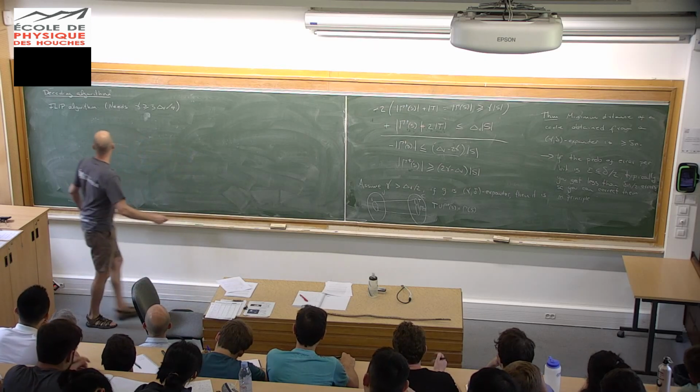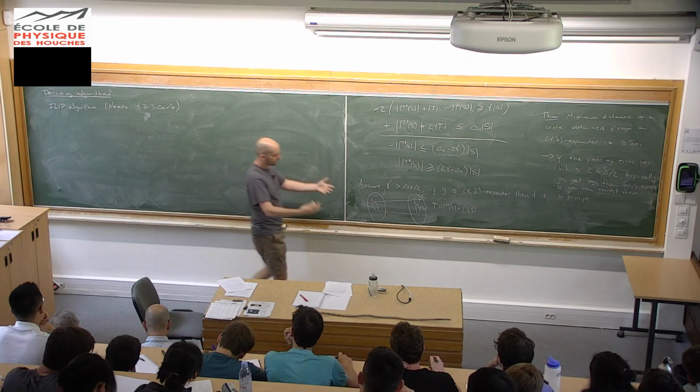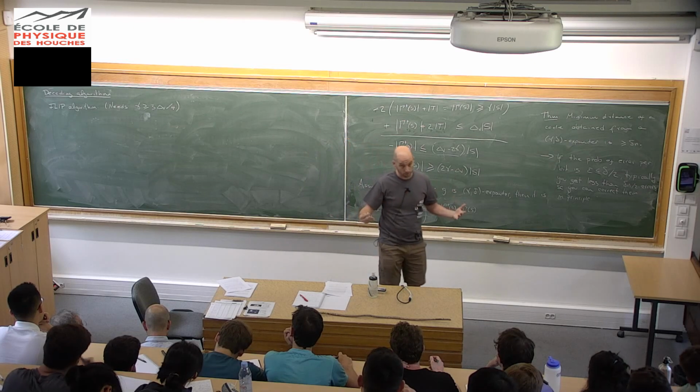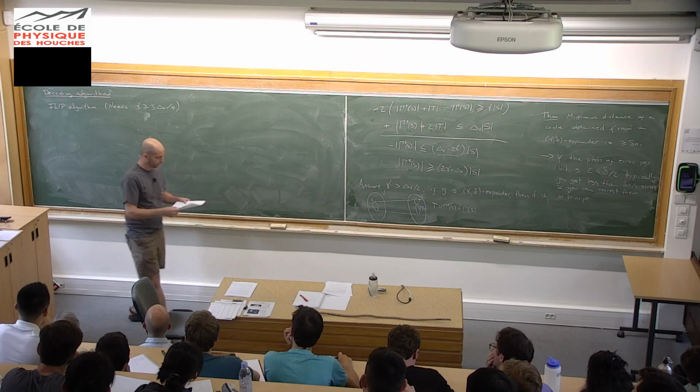You start with a code word. You receive a bit string that is the code word with some errors on it, so it has some syndrome. And then you do the following.